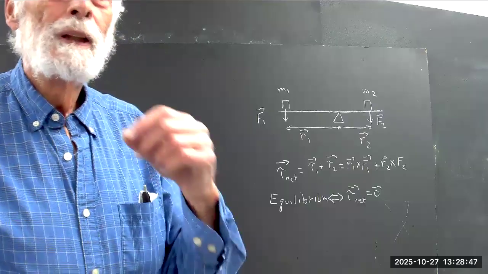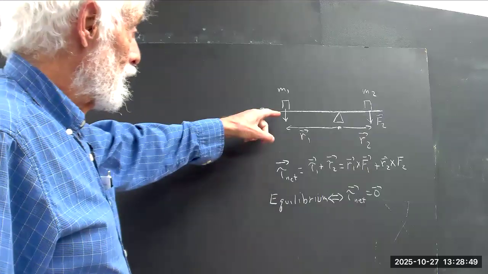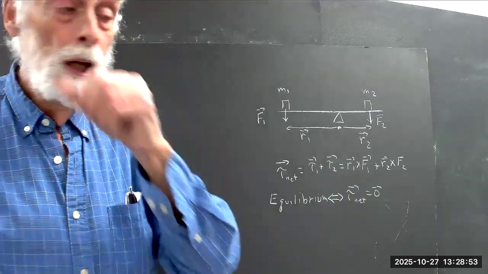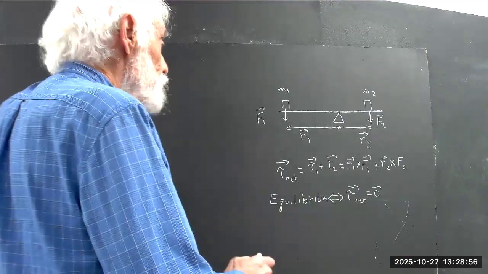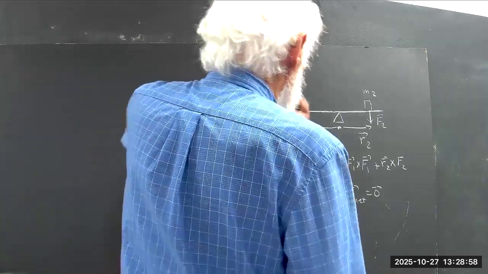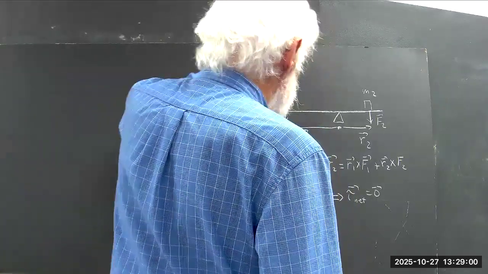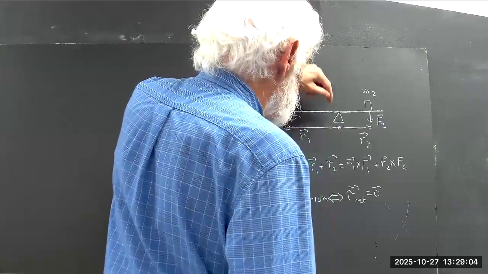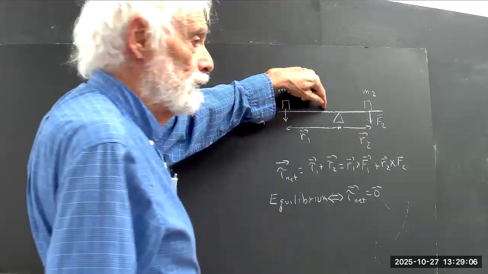You could also have a third torque if this support has significant mass compared to the rest, because you do have a force exerted by gravity at the center of mass.